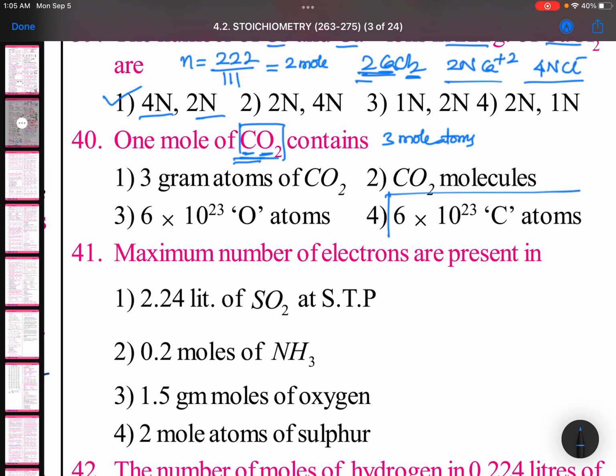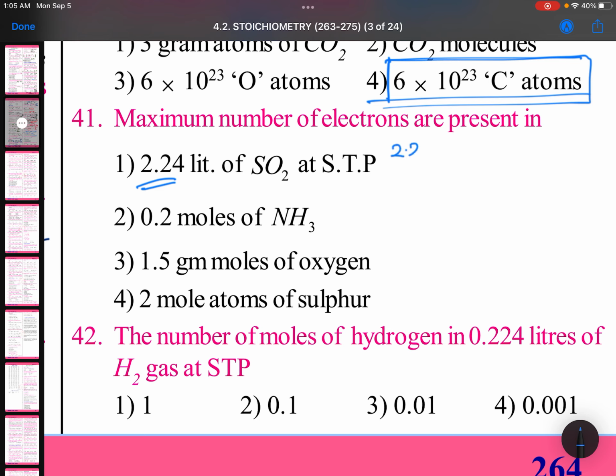Maximum number of electrons are present in... This is one very interesting question, you see. 2.24 liters, 2.24 by 22.4 is equal to 0.1 mole. Correct? Now what you need to do is, SO2 contains 0.1 mole means 0.1 into N, Avogadro number.